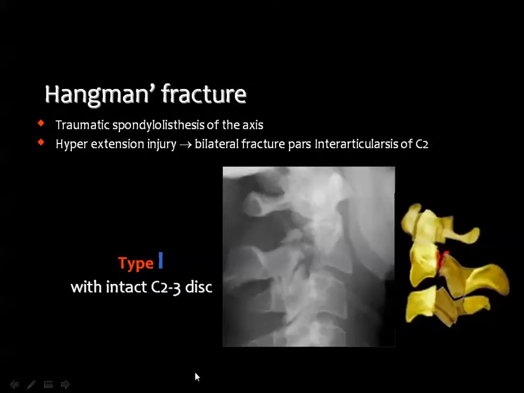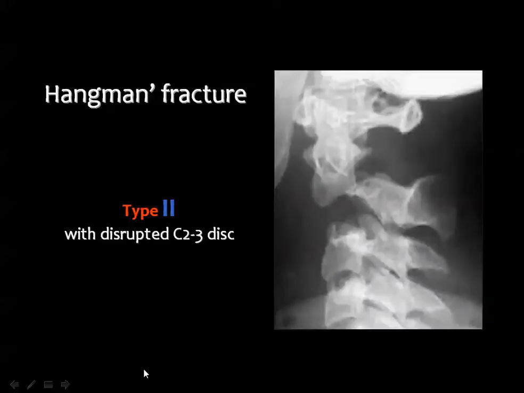We have three types of hangman fracture depending on the state of the disc space between C2 and C3. If there is fracture of the pars interarticularis bilaterally and the disc space is preserved and the vertebra is not displaced, we call this hangman type 1 fracture.